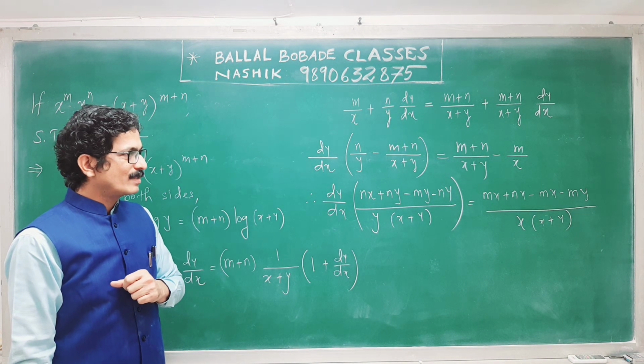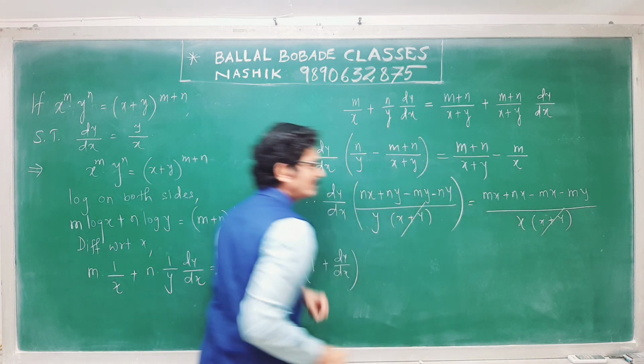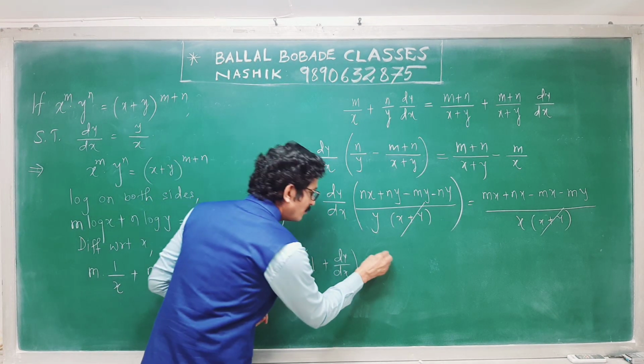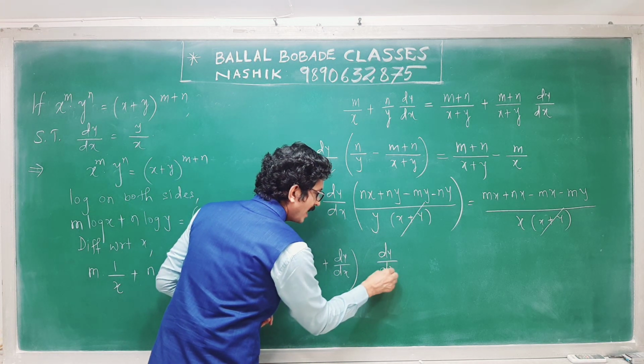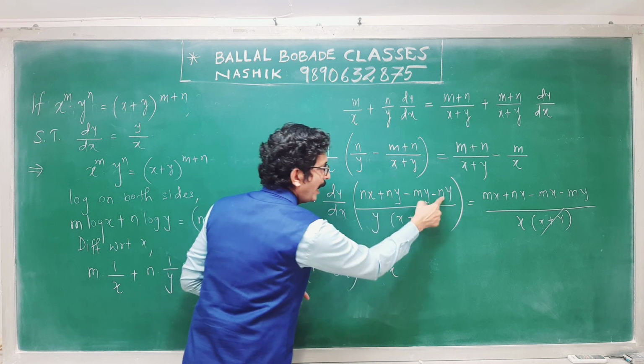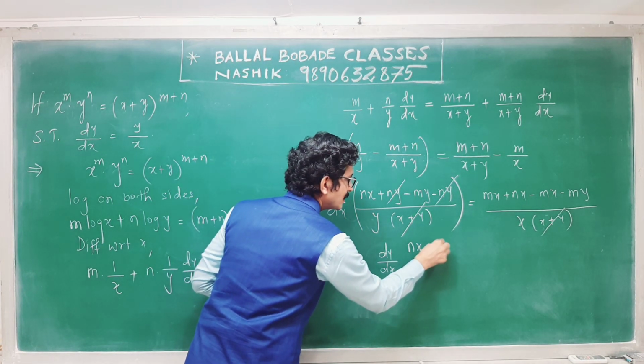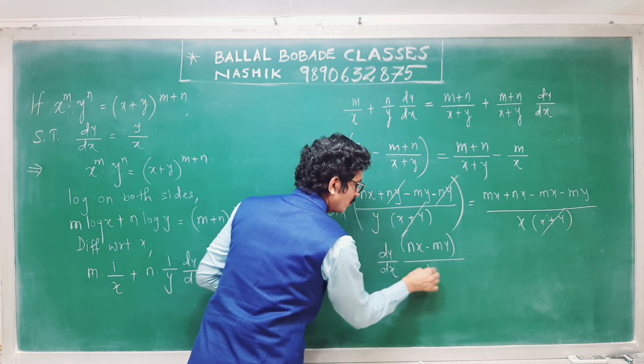Have a look. Alright. Now what happens? You see x plus y here, x plus y there. It gets cut. You have dy by dx. Now nx, ny. ny getting cut. What remains is (nx minus my) upon y.